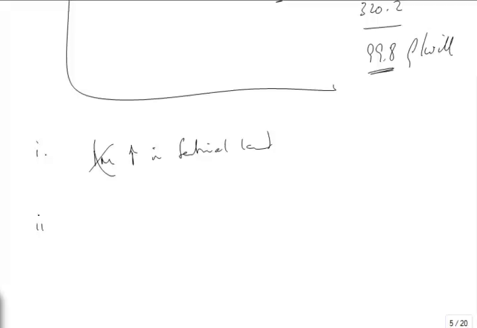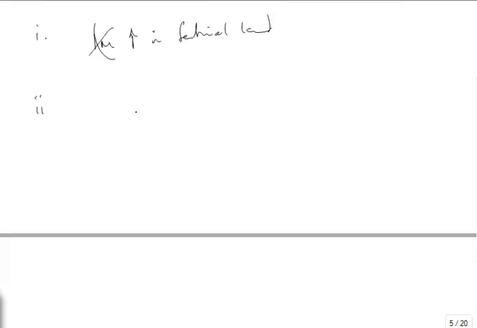Point number 2. Immediately after the acquisition, Prodigal transferred an item of plant with a carrying amount of 4. Prodigal to Sentinel. It had a carrying amount of 4 at an agreed value of 5, so we got 1 million unrealised profit.